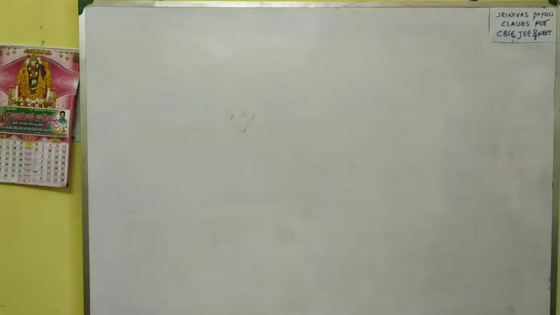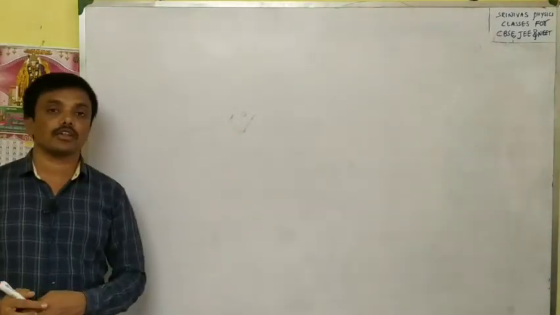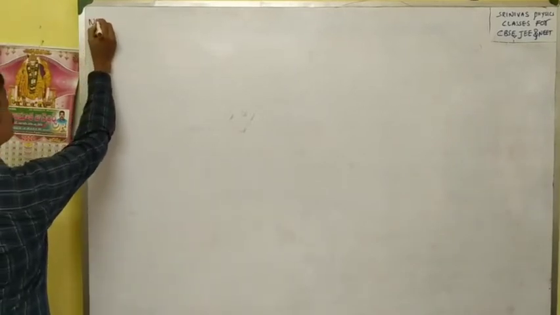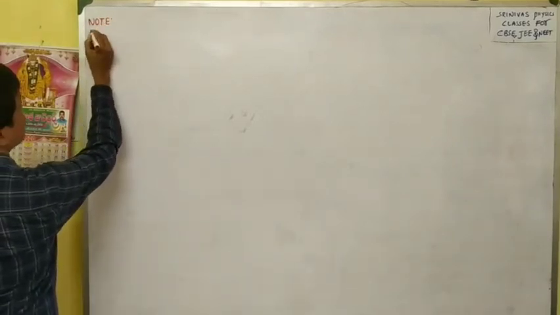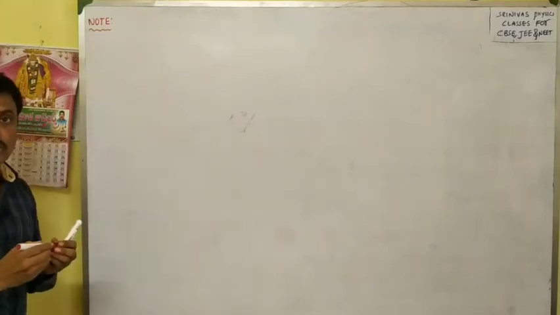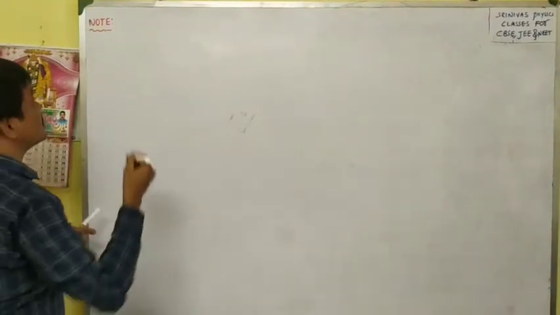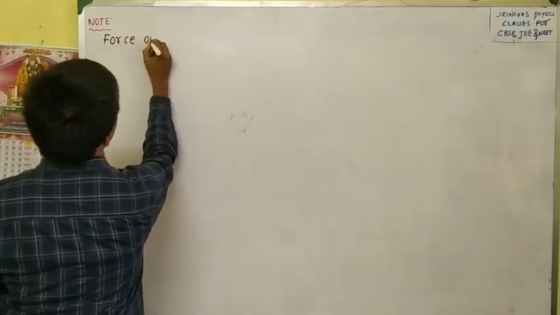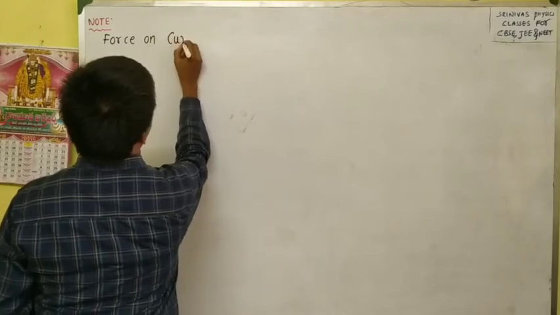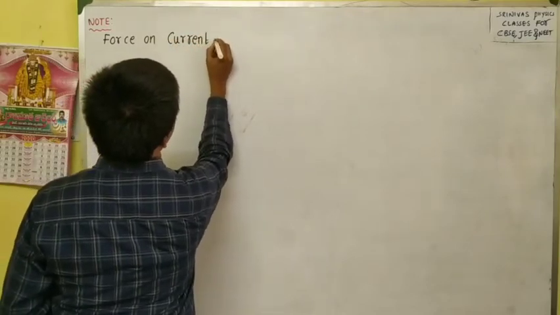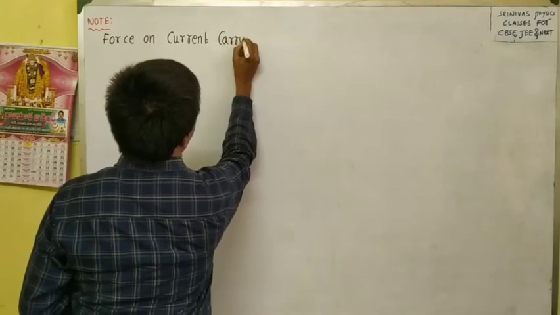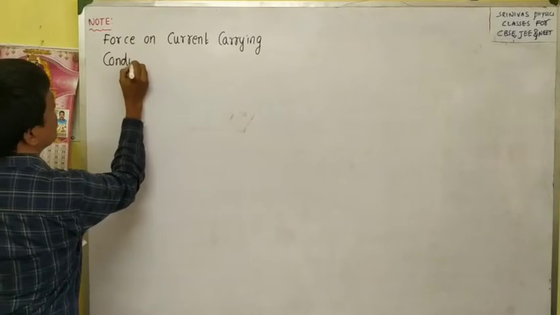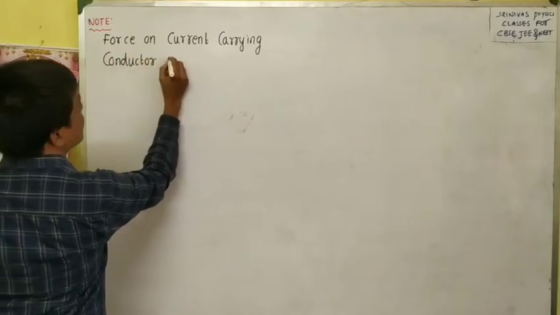Okay, let us continue. Just now we derived the formula for the force on current carrying conductor. Some points I am going to give related to this, note the side heading, right? What formula you got? The force on current carrying conductor in uniform magnetic field.